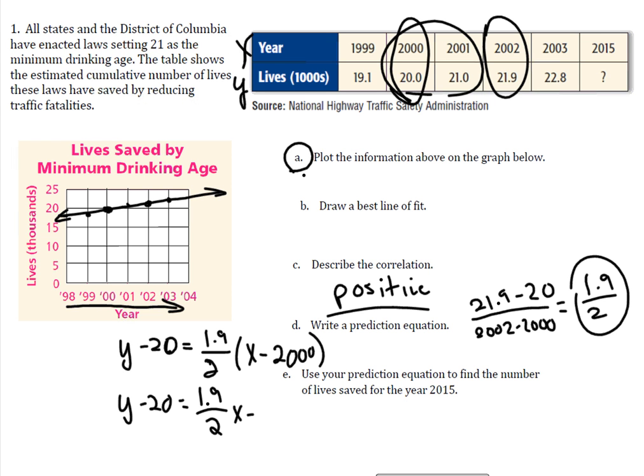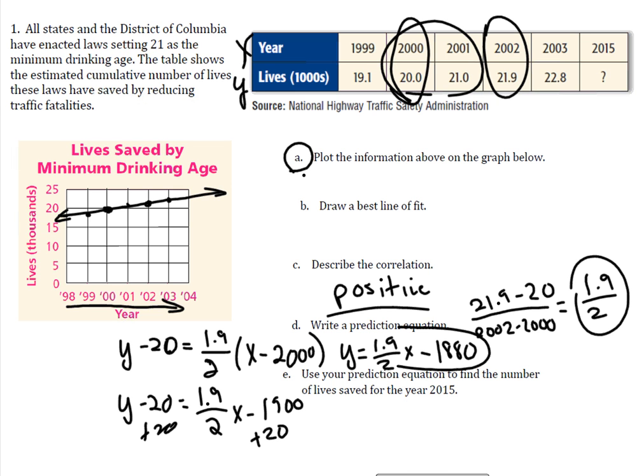This ends up being 1,000 times 1.9, so it ends up being about 1,900. Add 20. So my equation ends up being y equals 1.9 over 2x minus 1880.